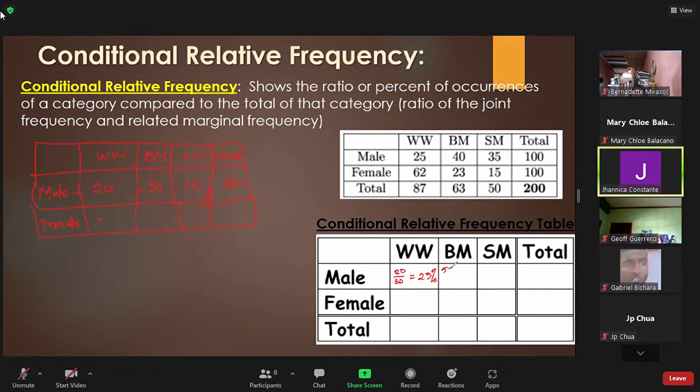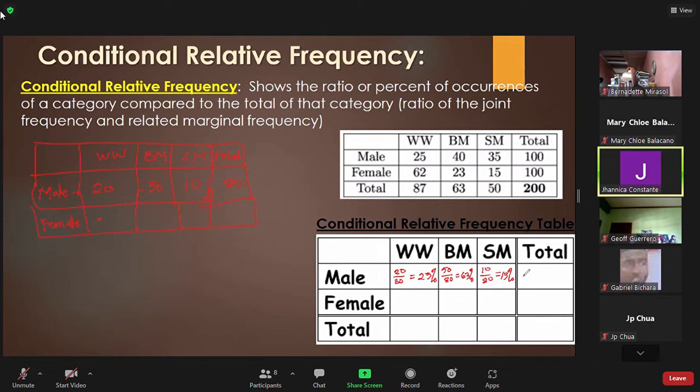The same with 50 divided by 80, we will have 63%. Then the last one, we have 10 divided by 80, which is equal to 13%.